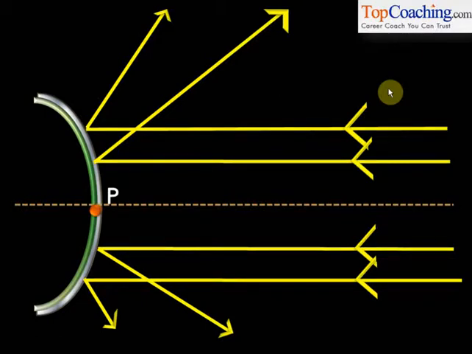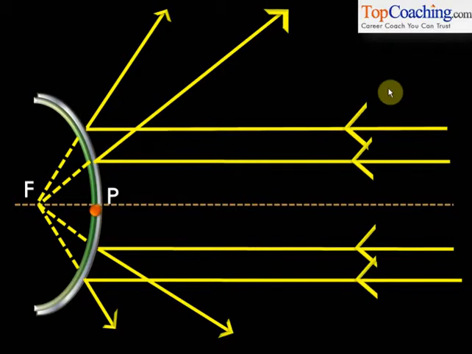However, if you extend these rays backwards like this, then they all appear to come from a point. Understood? And this point is the focus of a convex mirror. So the focus of a convex mirror is different from the focus of a concave mirror. In a concave mirror, it is the point at which the reflected rays meet when the incident rays are all parallel to the principal axis.